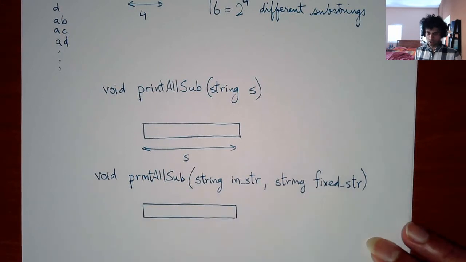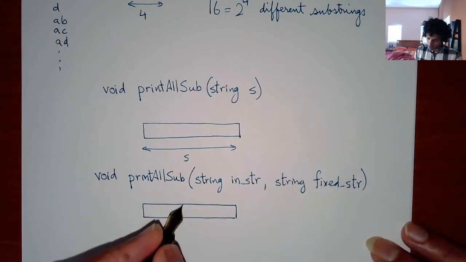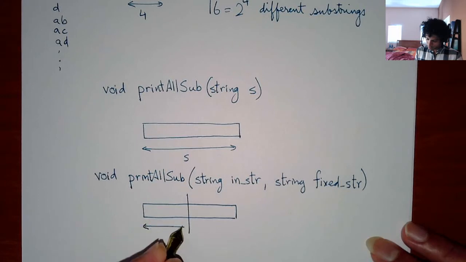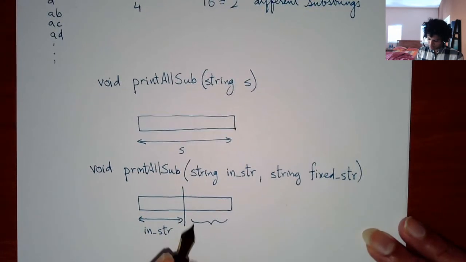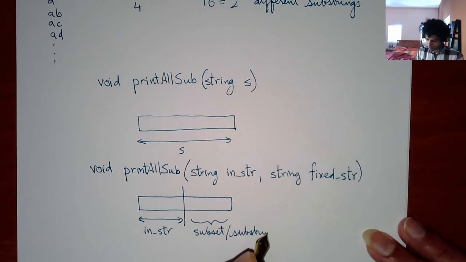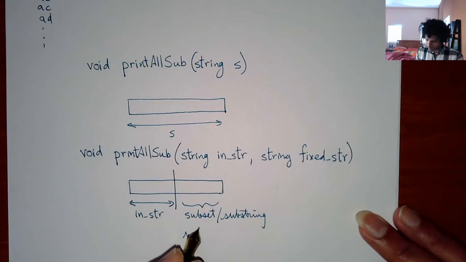Here's my string s. Some portion of the string is going to be the input string. A subset or a substring of this will be the fixed string.